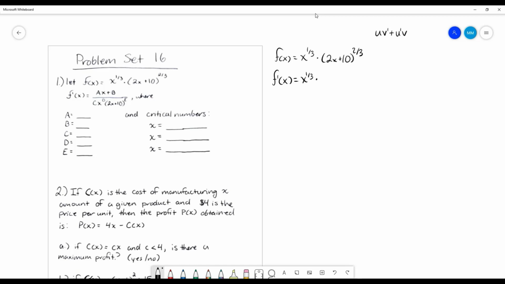So I'm going to say our outside, we'll call that n, and that's our outside is something to the power of 2/3. And if I derive that, it's going to be the derivative of the inside times the derivative of the outside. Okay. And then our inside is 2x plus 10, and the derivative of that is just 2.